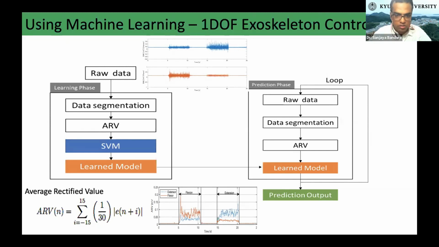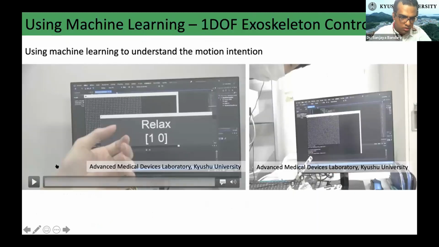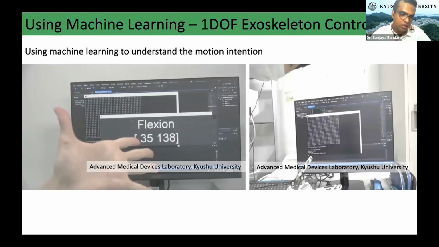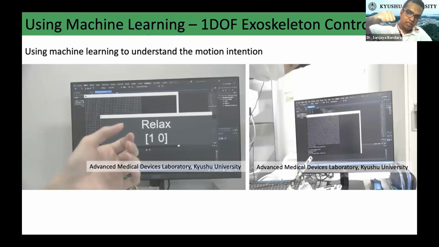So let me show you a video. Now this is with machine learning. Now we call this extension, this is flexion, this is relax.